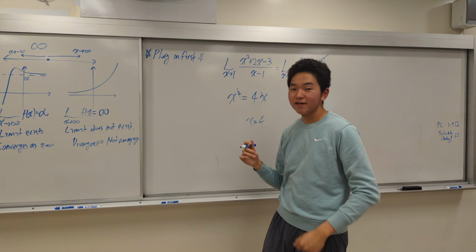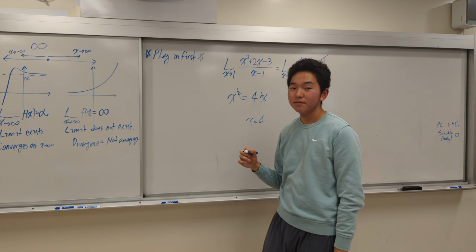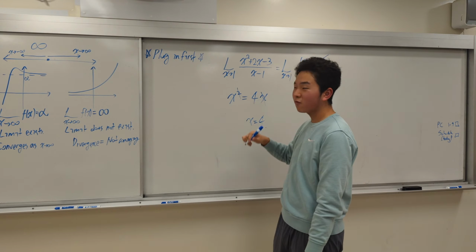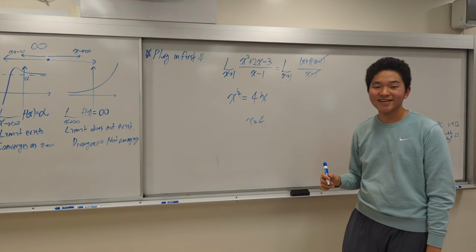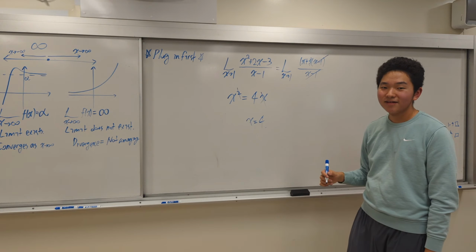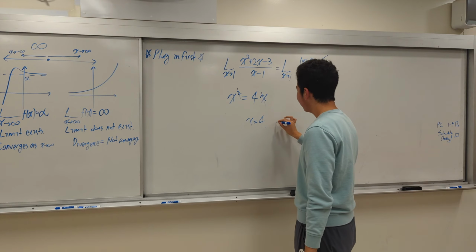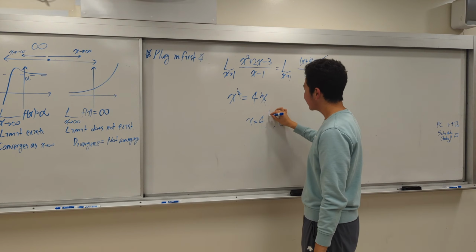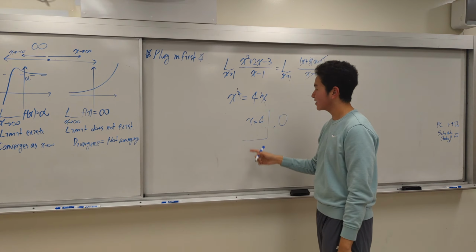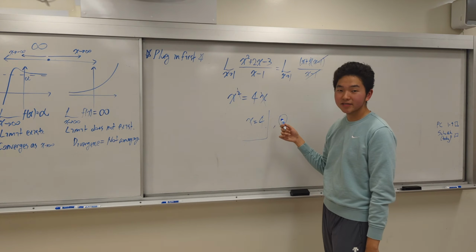What's the other solution? x equals 0, right? Plug in 0, both sides go to 0. But why did I only get x equals 4? Because I crossed it out.